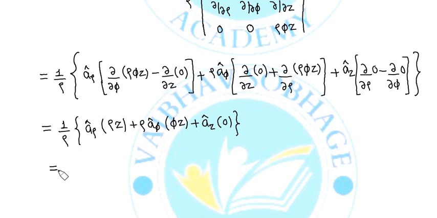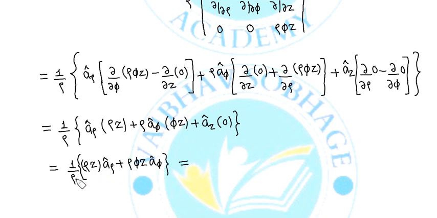So we have this equal to 1 upon rho into rho z a rho cap plus rho phi z into a phi cap, and this az is 0.